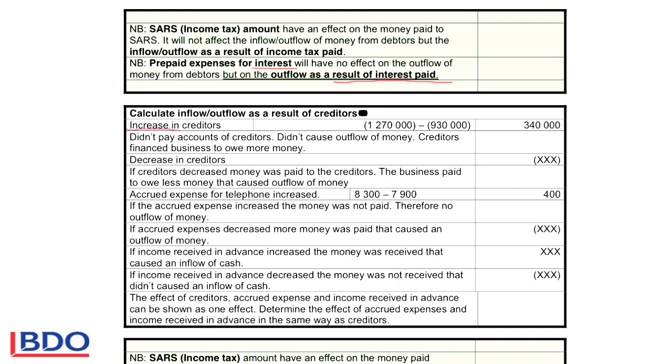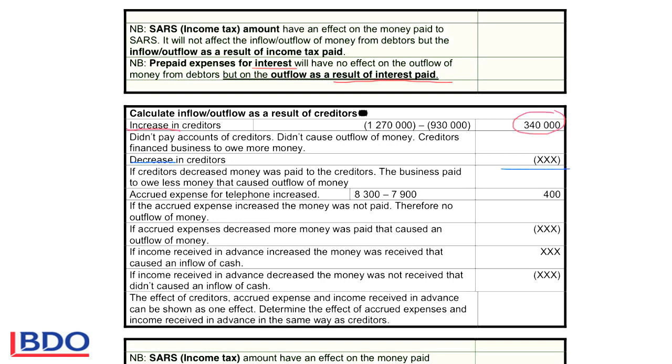So that means that we owe more money to the creditors, so we didn't pay the creditors, and that's why I say it was an inflow of money. If my creditors decrease, then I owe them less money because I paid them. And if I paid them, it caused an outflow of money.